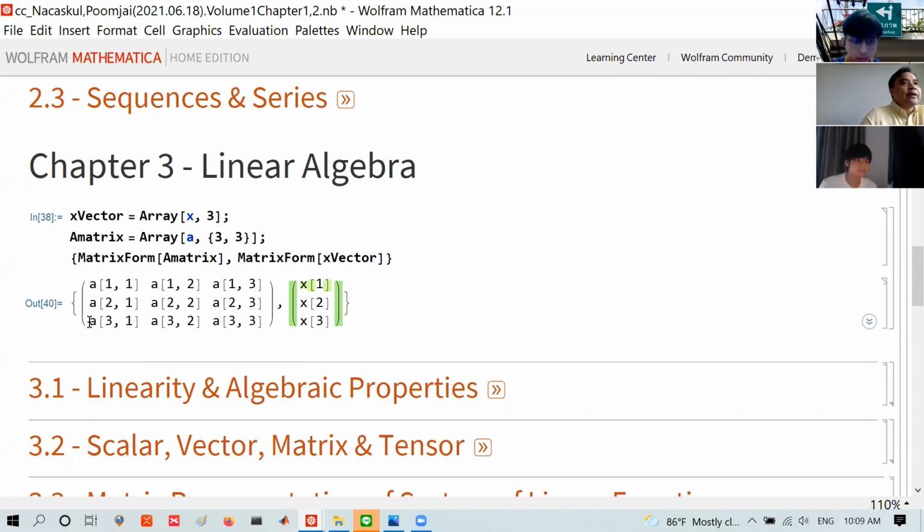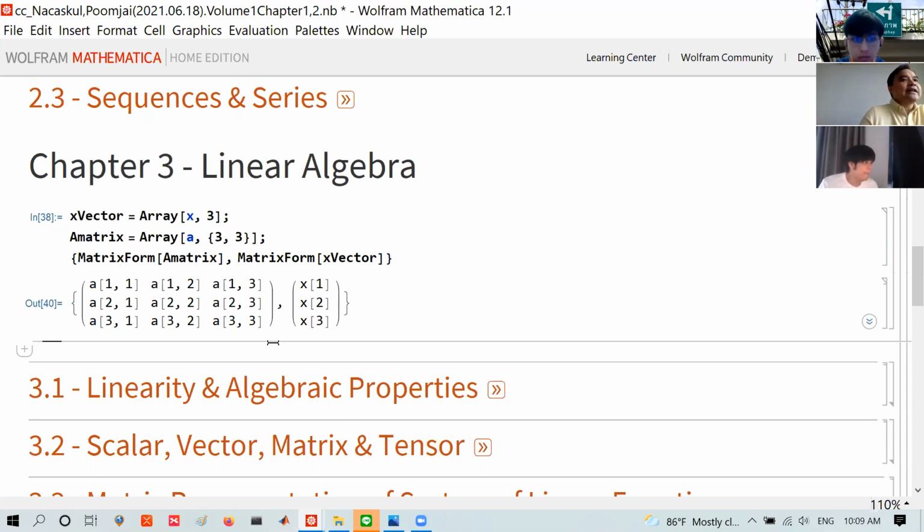Then a third number: a31 x1, a32 x2, a33 times x3. So that product will have what dimension? It is 3 by 3 multiplied by 3 by 1, so the end product is going to be a 3 by 1. This is a review of last time, where we did this kind of multiplication.